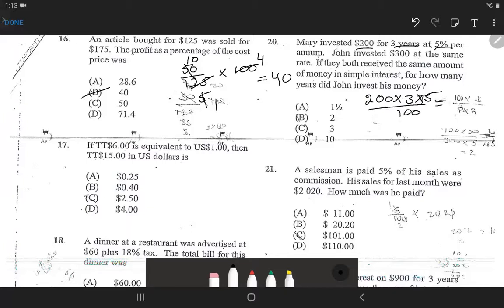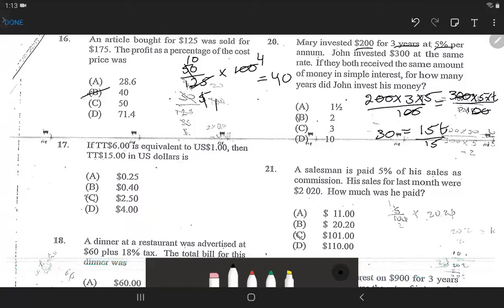Now this is the same as John, who invested $300 at 5%, but we do not know the time, right, over 100. So we can simplify some things. So 2 by 3 is 6, by 5 is 30, so this is 30. Cancel down. That's supposed to be equal to 15t.